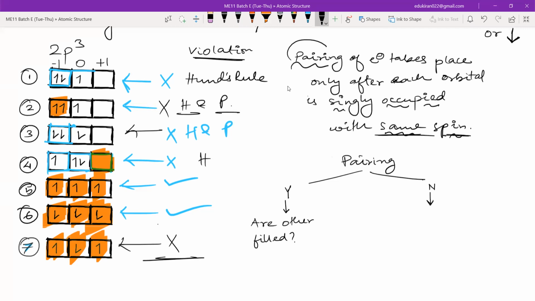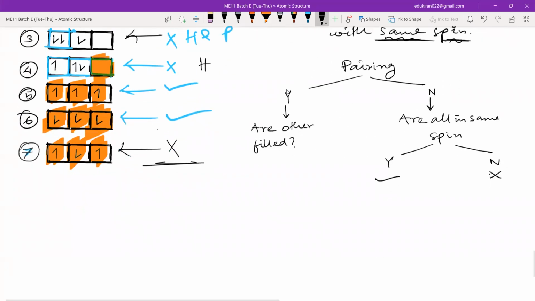After that, you will check whether all are in the same spin or not. If the answer is yes, then it is fine. If no, then it is not valid. Are the others filled? Yes, then it is right. If no, then it is wrong.